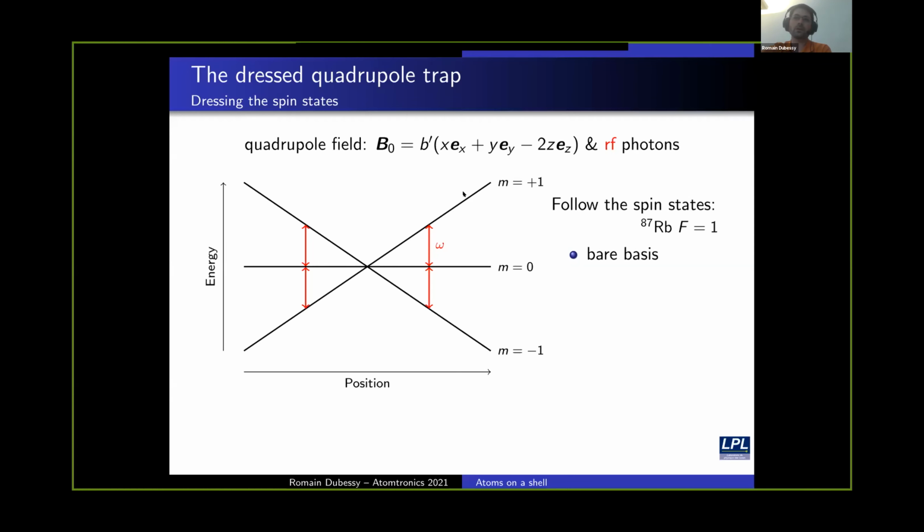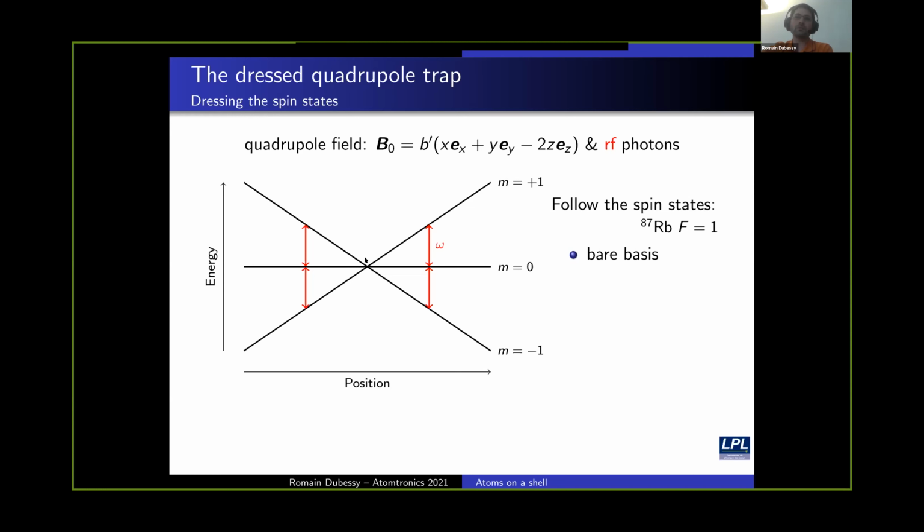We have one atomic level that is trapped, the other doesn't feel the magnetic field, and the last one is anti-trapped. The one we are interested in is the m equal +1, but it's trapped at the minimum of the magnetic field, the norm of the magnetic field.